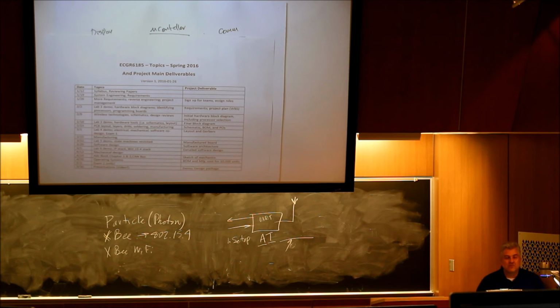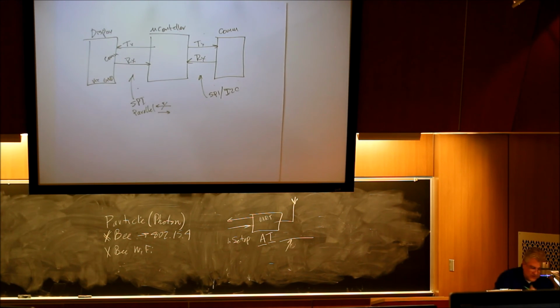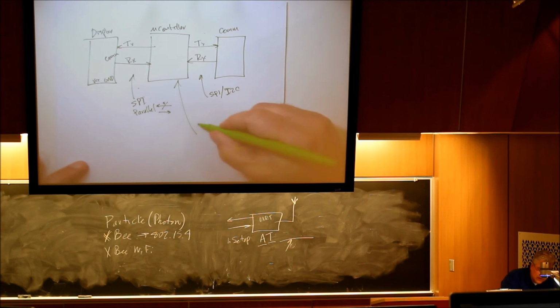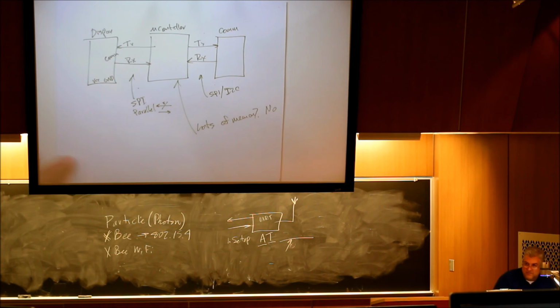So now it's to the point where you're looking at the scope and size of the microcontroller. Do you need, for your microcontroller, lots of memory? No. Not really, no. Do you need lots of speed? Not really.